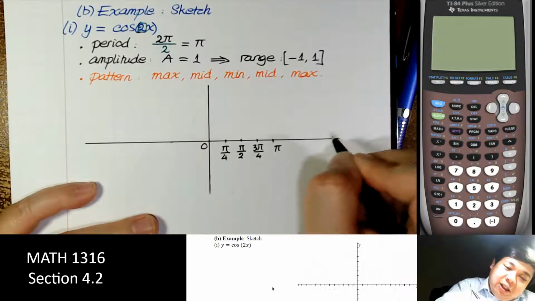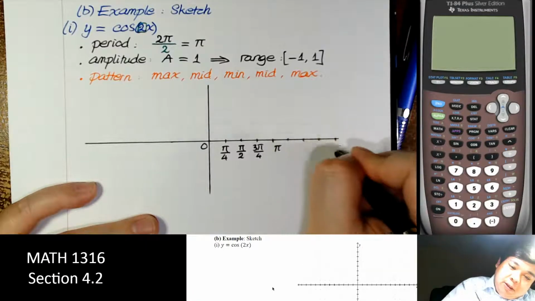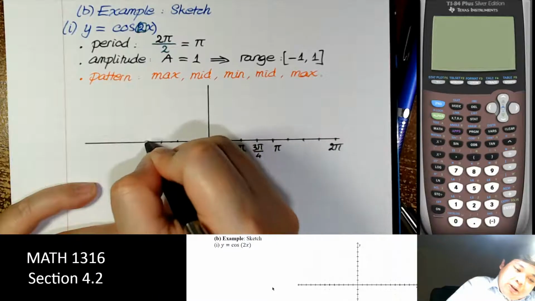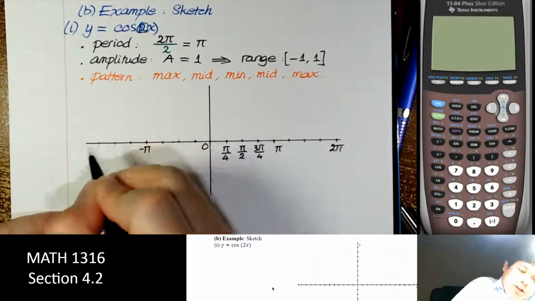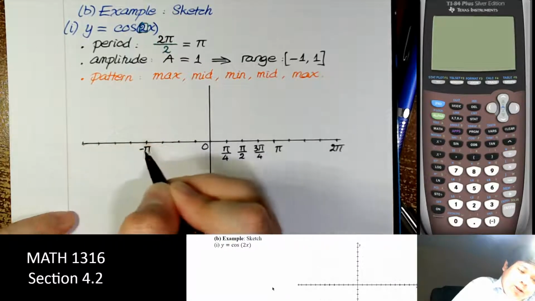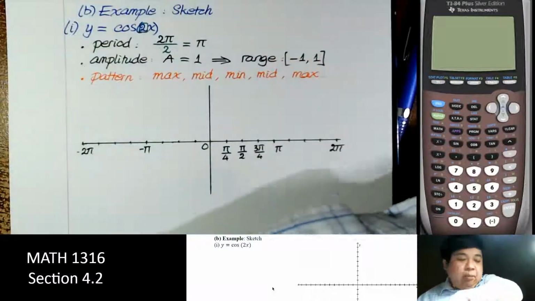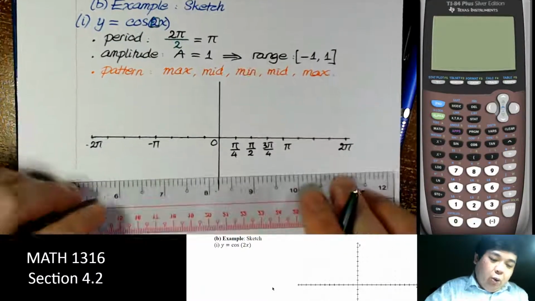Right. So 1 period, 2 periods. Amplitude is 1. So 1 up, 1 down.